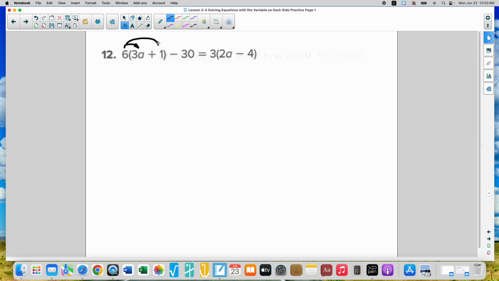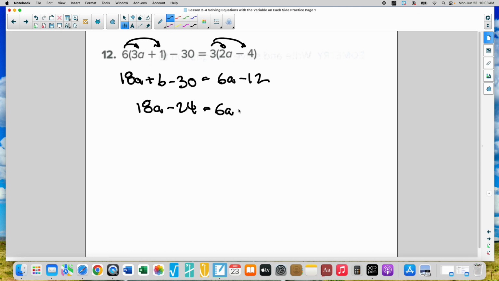6 times 3a, 6 times 1. That's going to be 18a plus 6 minus 30 equals 6a minus 12. We're going to simplify the sides, make sure that the like terms are combined. 6a minus 12.